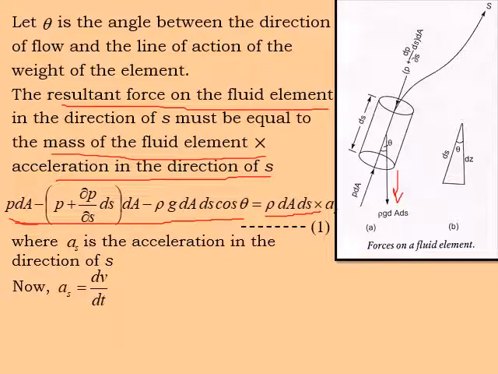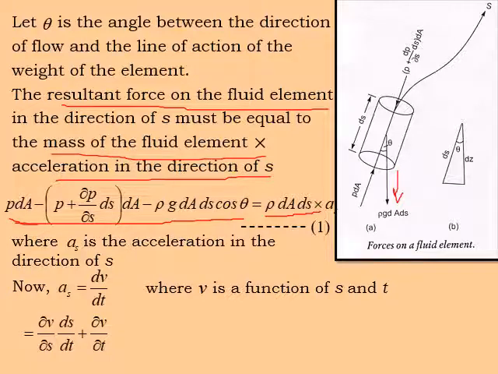Now a_S is equal to dv/dt. The acceleration is equal to the rate of change of velocity, where dv represents the change in velocity with respect to time. The velocity v is a function of the direction S as well as time.